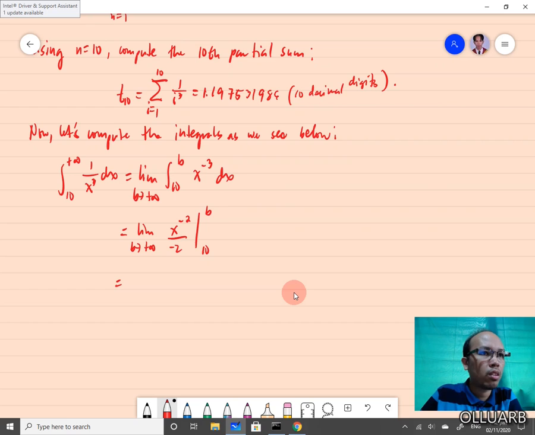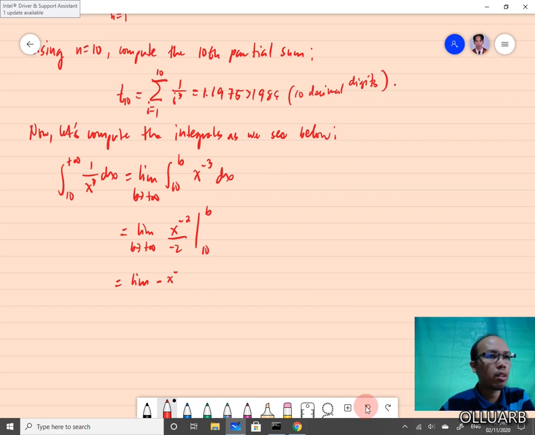So this is the limit of negative x to the negative 2 over 2. Again, let's wait for the program to respond. Substitute our x to be this variable here, b.